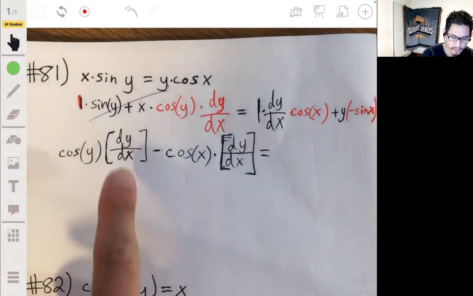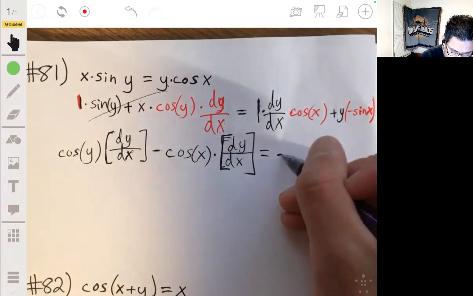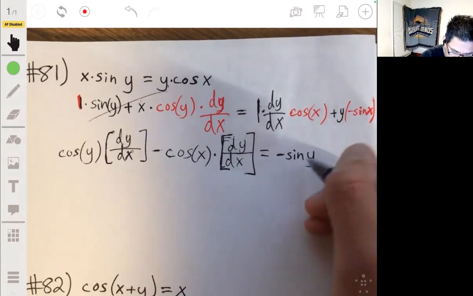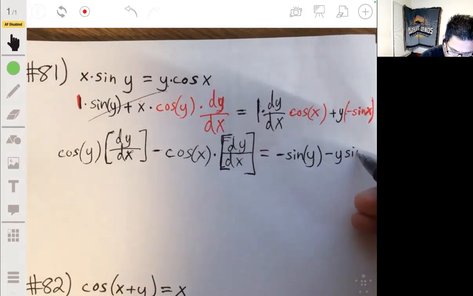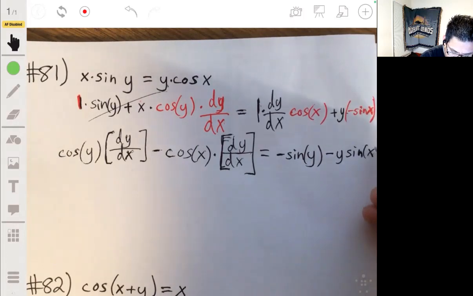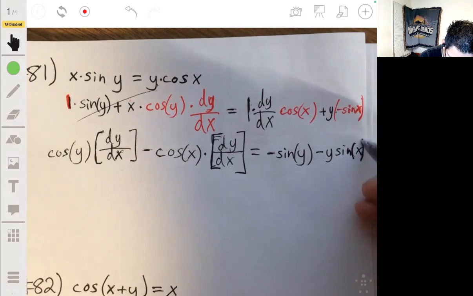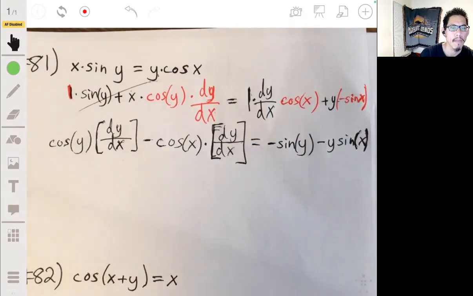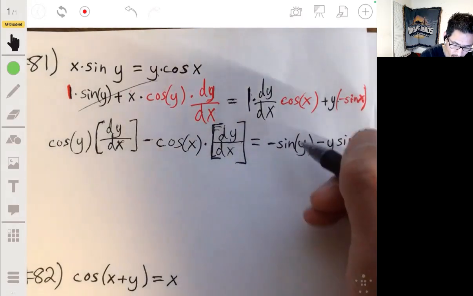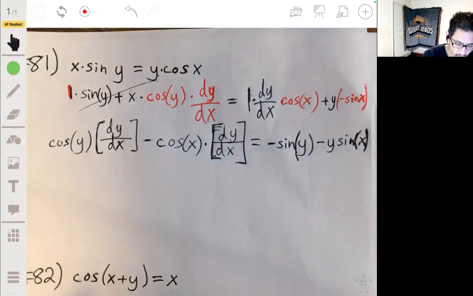Is equal to, and remember we need to subtract the sine of y from both sides. So equal to the negative sine of y minus y times the sine of x. And then factor out this dy dx from the left.